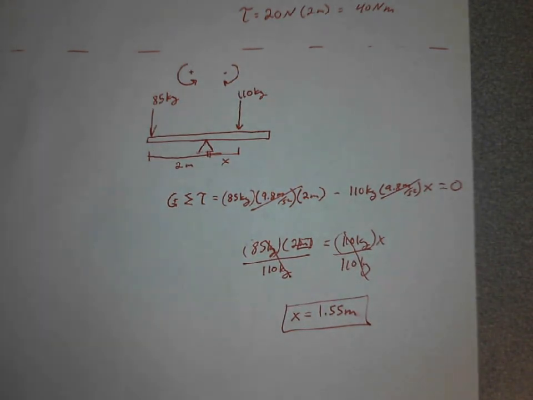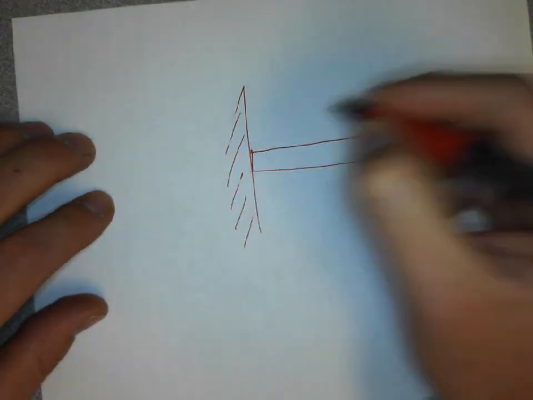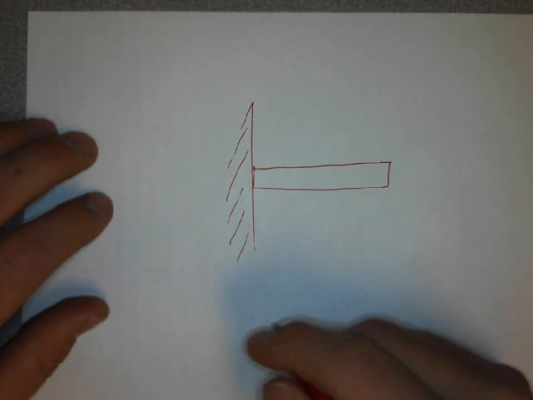Pretty simple concept, not too hard. Those are the majority of the problems that you're going to get in class. There will be one other type of problem that you might see. Let's say I've got a wall here, and I've got some beam attached here.